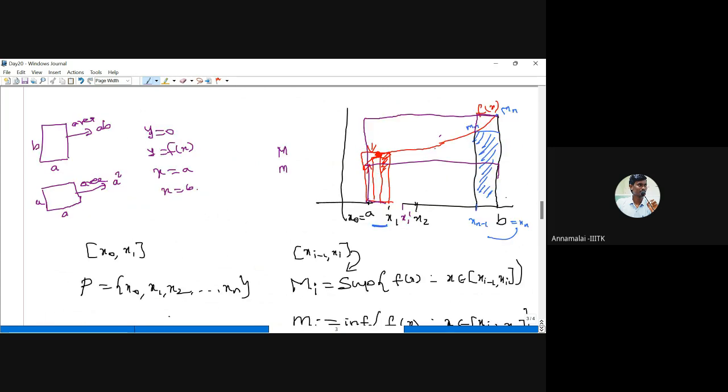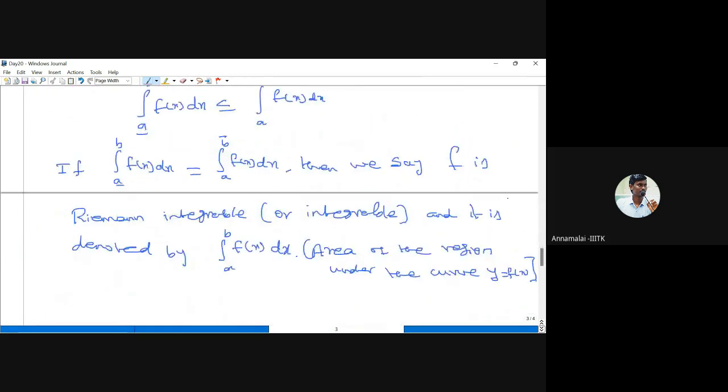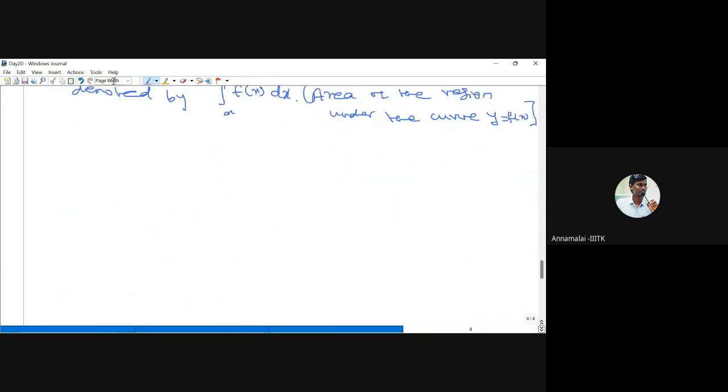So therefore, the relation between these, maybe I can draw a picture here. Suppose this is our function bounded by this curve. Now we form a new, bigger rectangle, which is this.